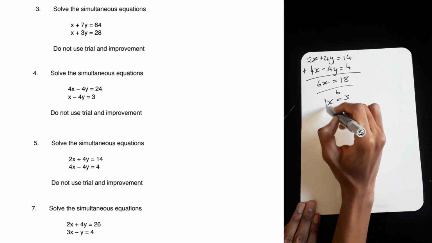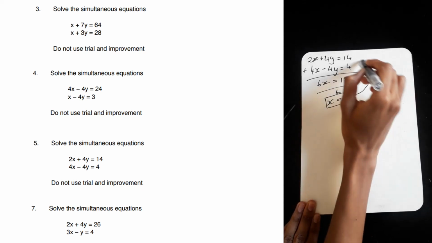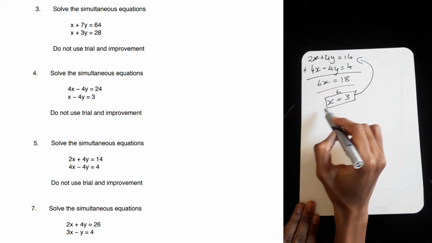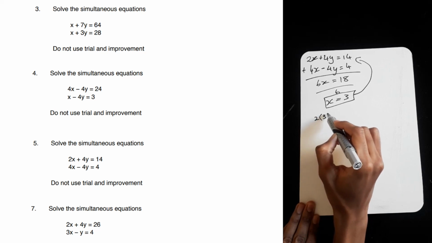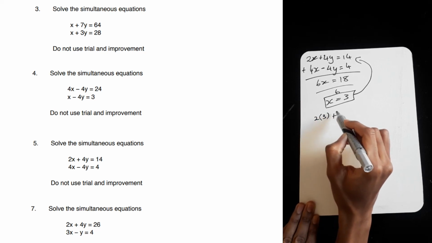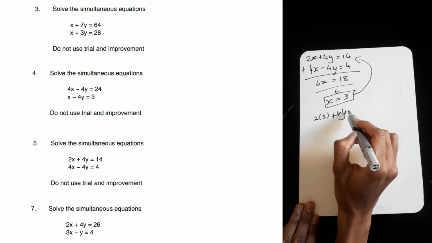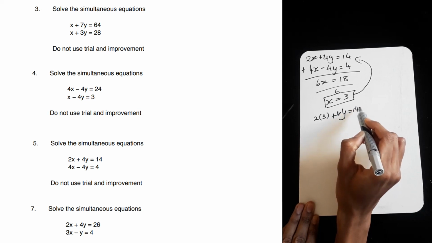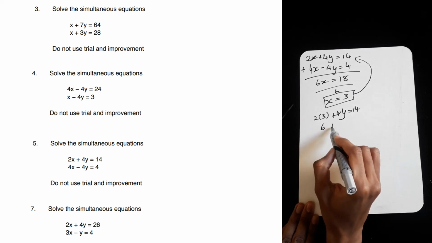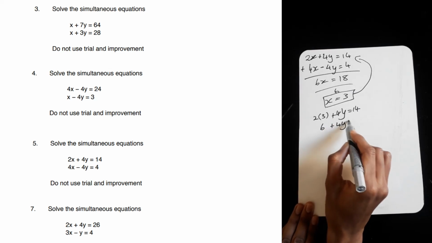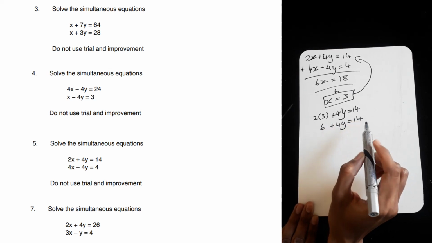And then plug this x into the first equation. We're going to have 2 brackets 3 plus 4y equals 14. And then that's 6 plus 4y equals 14.